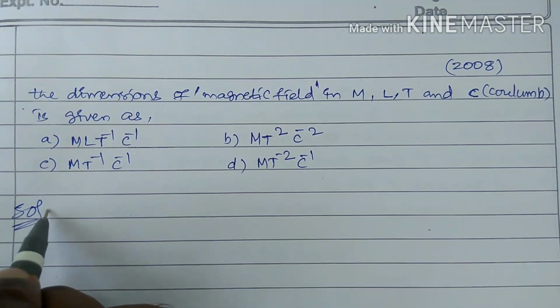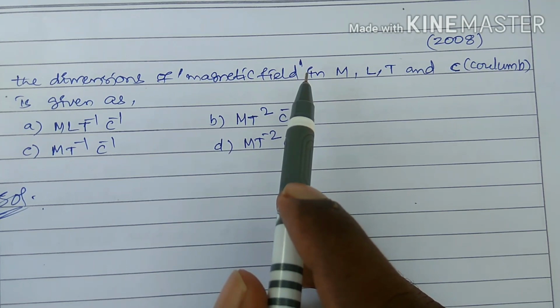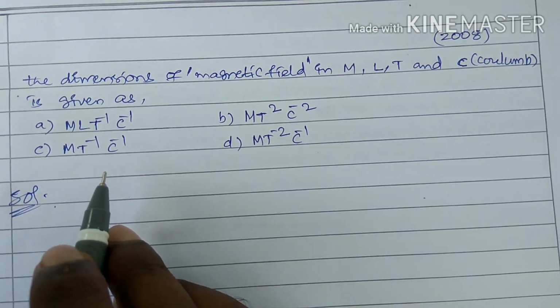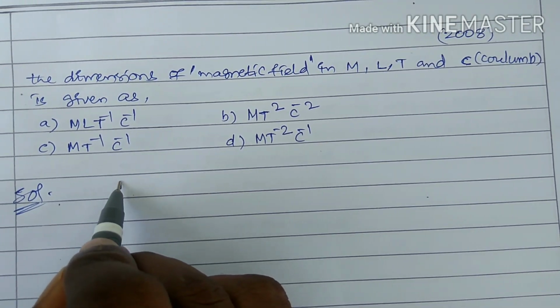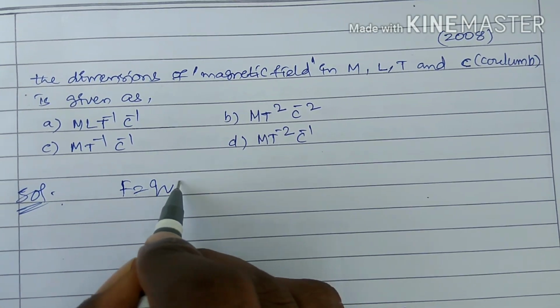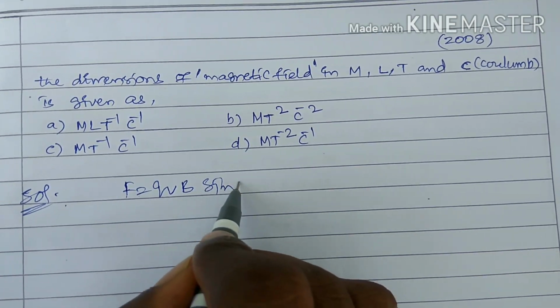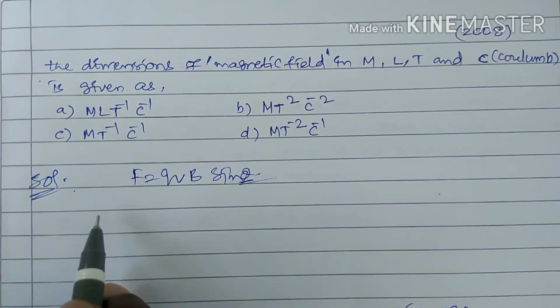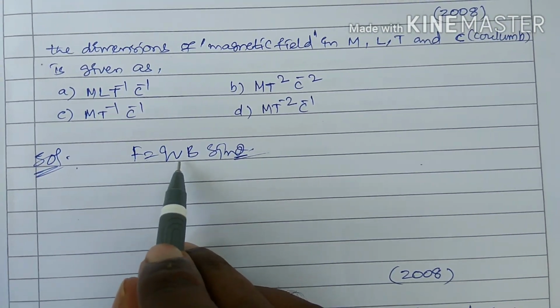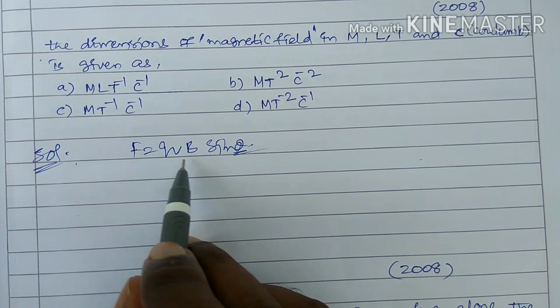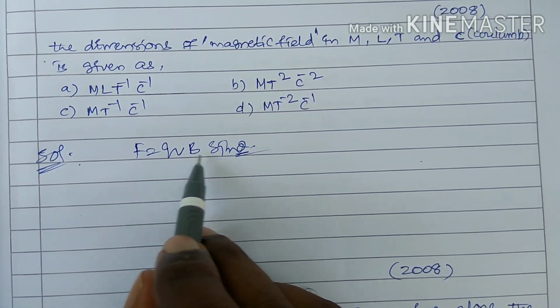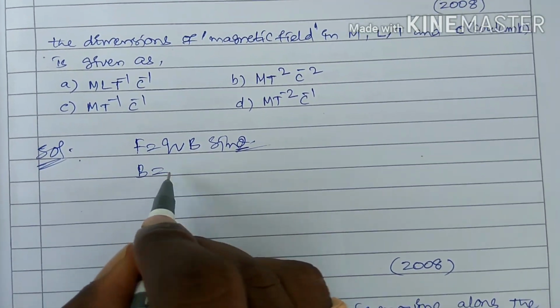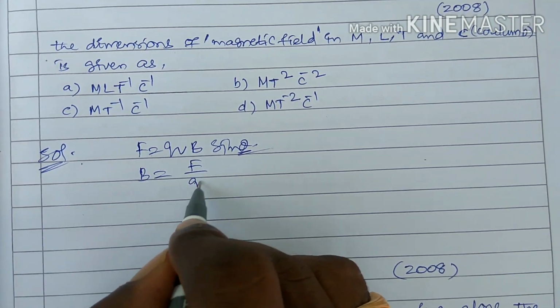Solution. Here the formula for magnetic field that I remember is F equals QVB sin theta. Theta has no dimensions, so F is equal to QVB. This is the formula for the force acting on a moving charge in a uniform magnetic field. Then we can write B is equal to F by QV.